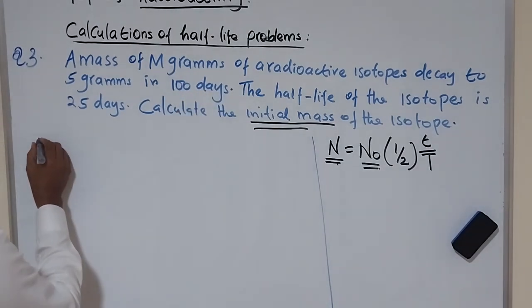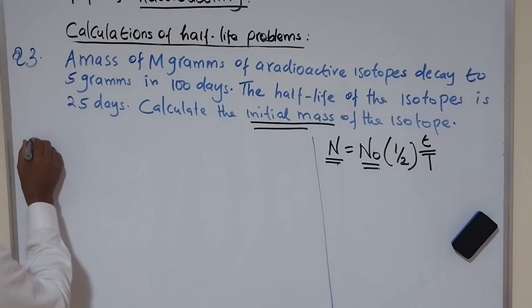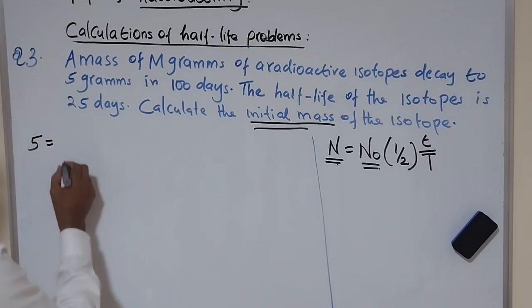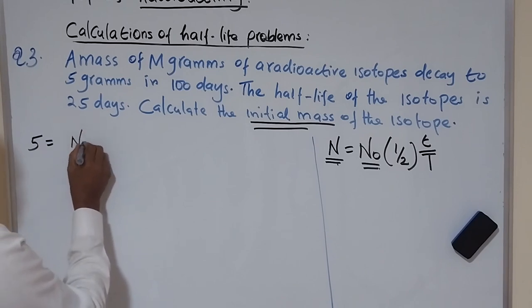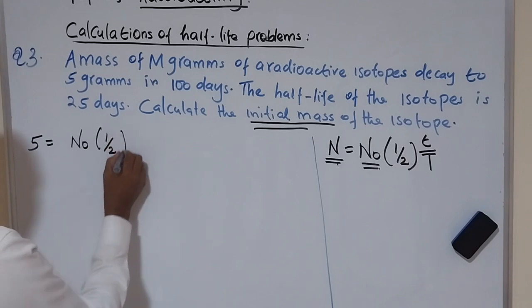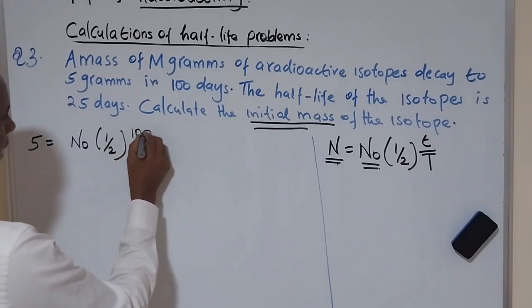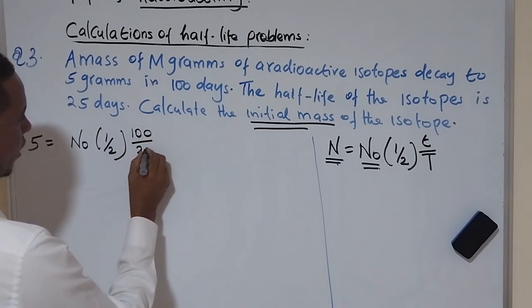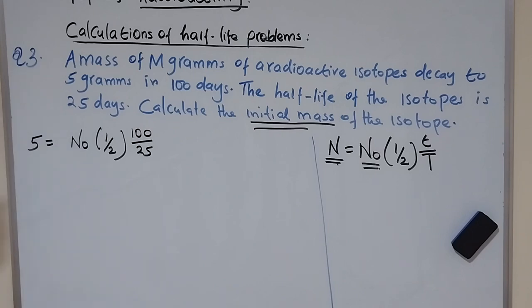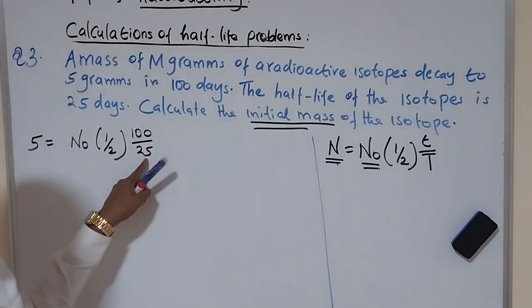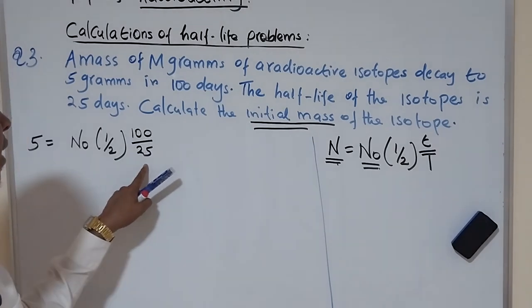So that means 5 grams, that is N, is equal to N0 times half power 100 over 25 days. Because we were told the half-life is 25 days. That becomes our capital T, which is 25.